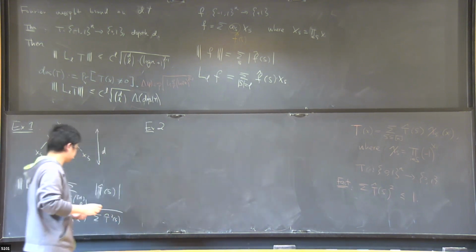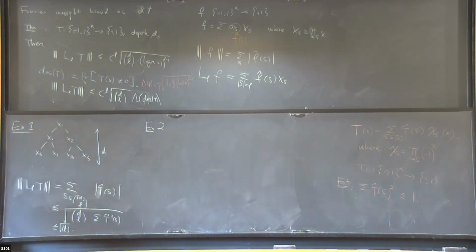Just a remark, if you know something about the density, it also gives you an even better bound on the L2 norm. So you can do a bit better. You can put here a root of the density times 1 minus the density or whatever.